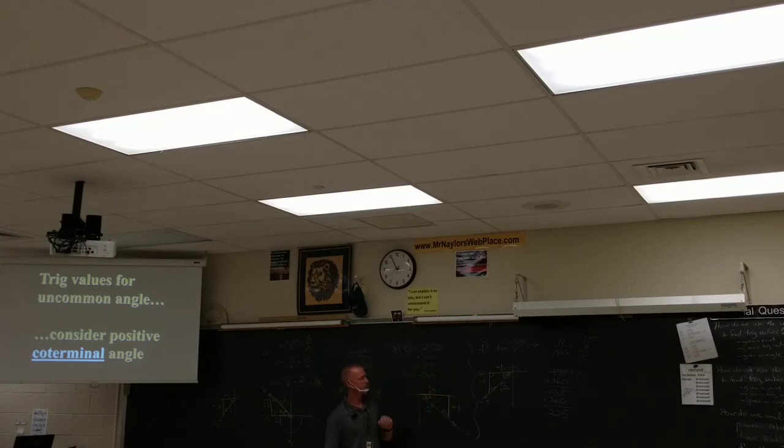Very important. But after all that work, we're ready to do the tangent. It turns out that the tangent is just y over x. So negative 1 over negative 1 is 1. But the work that we did was necessary to get to that point.